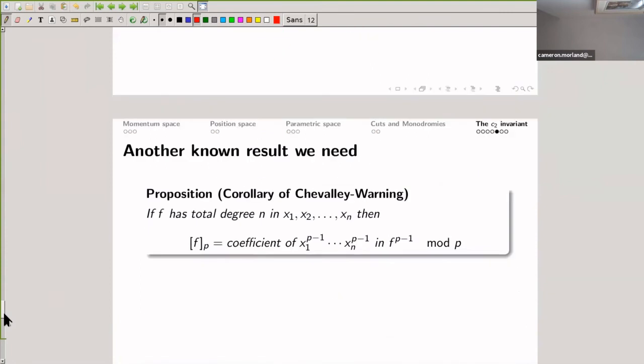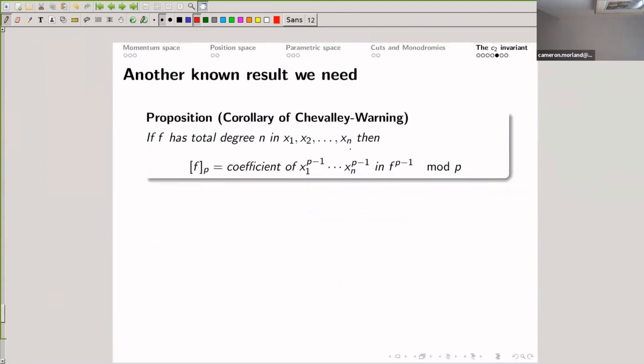This is where you need this other result, which is this corollary of Chevalley-Warning, which says that if you have a polynomial that has total degree n in n variables, then this point count is the same as taking a particular coefficient. This is particularly nice when p equals 2, because all these p minus 1s are just 1.